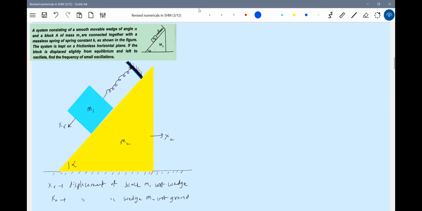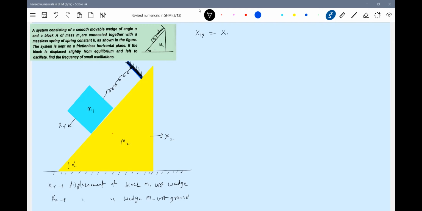So it will be x1x. For that, xr cos theta is the displacement of the block with respect to the wedge along the x-axis.